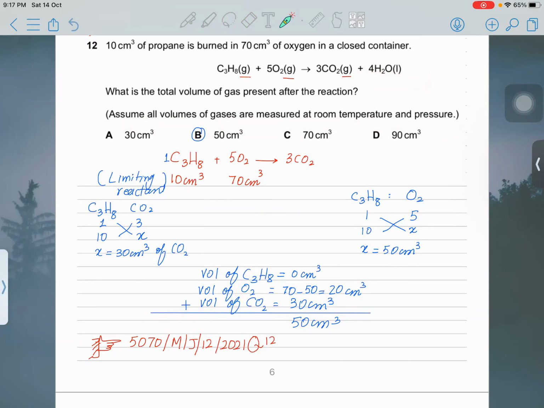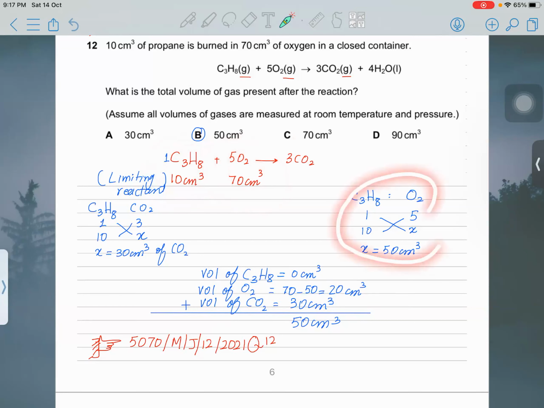But sir, won't some of the amount of both of the gases be used for making water? Now listen again. C3H8 is consumed because it is the limiting reactant. Always consider that all of the limiting reactant would be consumed. Now you have 70 cm cube of oxygen.